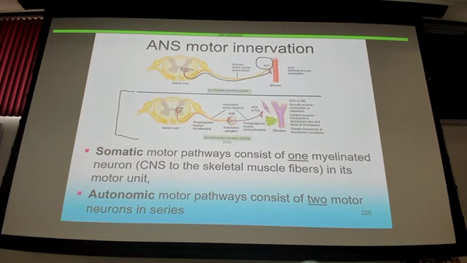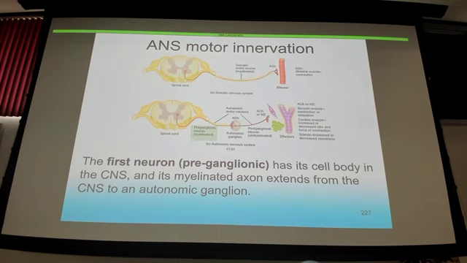So you're going to have 1 motor neuron that is here, and then you're going to have a second motor neuron that is here. That's the big difference. 1 versus 2. It's going to make a big difference, though.